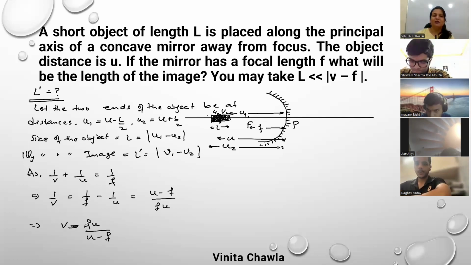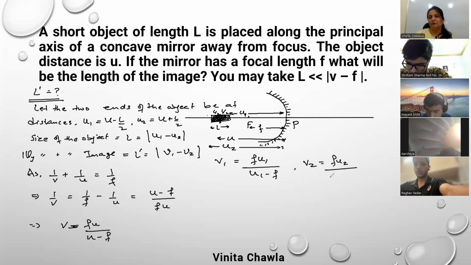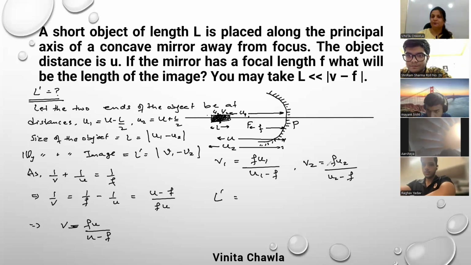ठीक है? Now we can find v1 and v2. Because v is fu upon u minus f, we can write v1 as f u1 upon u1 minus f and v2 as f u2 upon u2 minus f. ठीक है? Now you can find the size of image, L dash. So first write v1 and then v2.